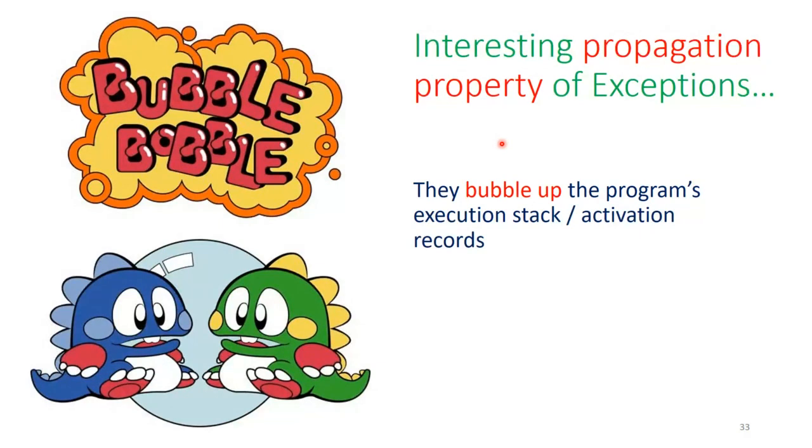When we return from the second method back to the main, its activation record is gone. And the only time at which the activation record of the main method is going to be gone is when we are done with our entire application. When we return from the main, that means our application shuts down. So at that point, the activation record of the main will also be removed from the stack.